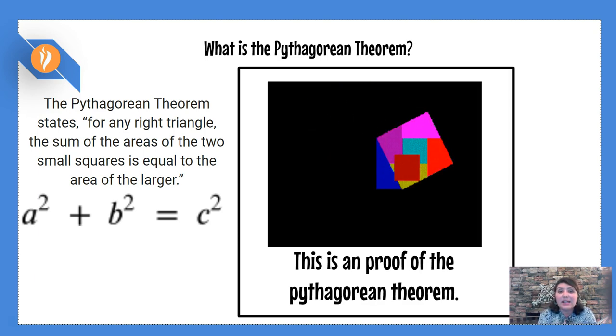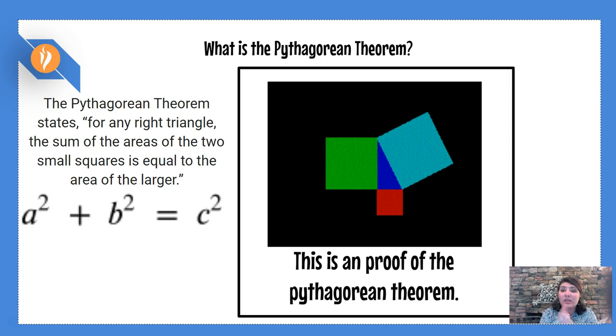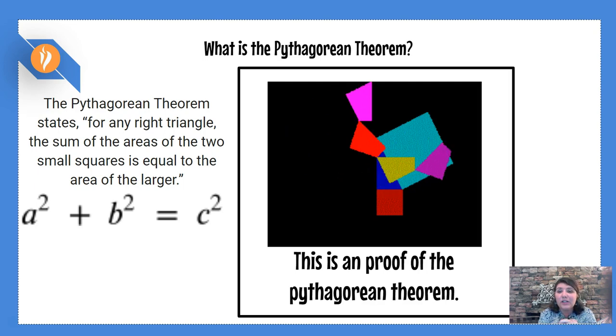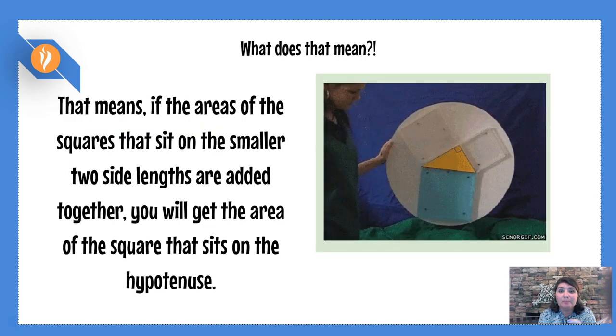So basically what it says is that the squares that sit on the side lengths of the legs add together to equal the square that sits on the hypotenuse. So if you see that one leg is breaking apart, it's going to fill in the square of the hypotenuse except for the middle section, and the other leg's square fills it in perfectly. So this is proving that the Pythagorean theorem works.